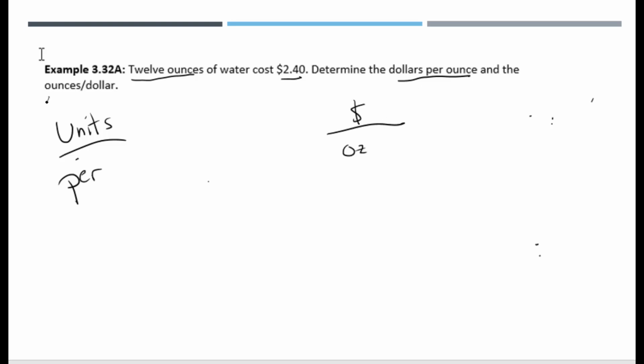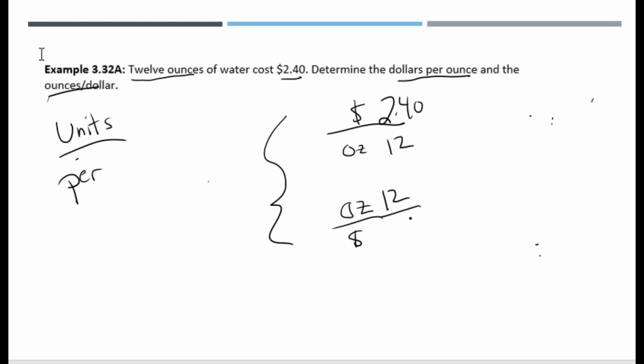And the ounces per dollar, or the ounces divided by dollars. So these are two different ways of looking at the same problem. So this is $2.40 for 12 ounces, and this is 12 ounces per $2.40.